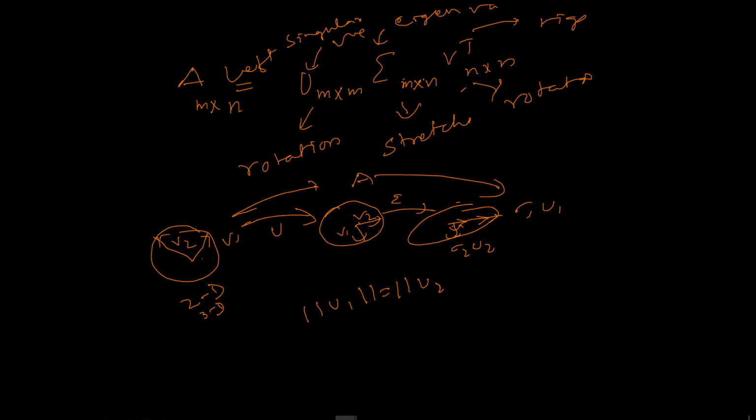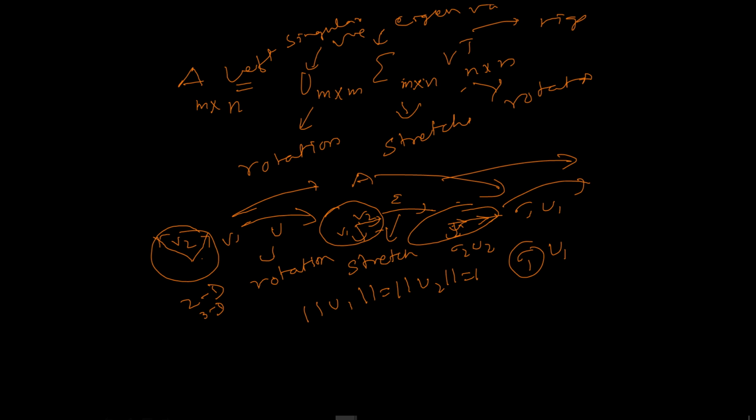Sigma has stretched it and converted it into an ellipse shape, and then again you perform V transpose, which is again a rotation, and you can see that it has rotated like this. So this is what A is doing as a transform. This is the geometrical representation. By matrix manipulation you can move anywhere except the null space.